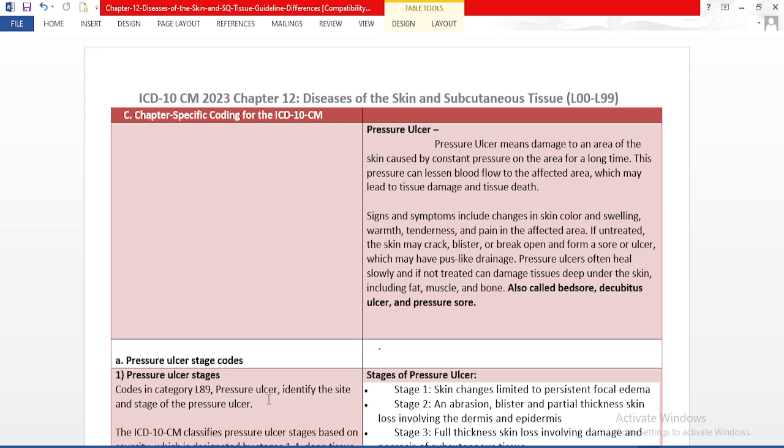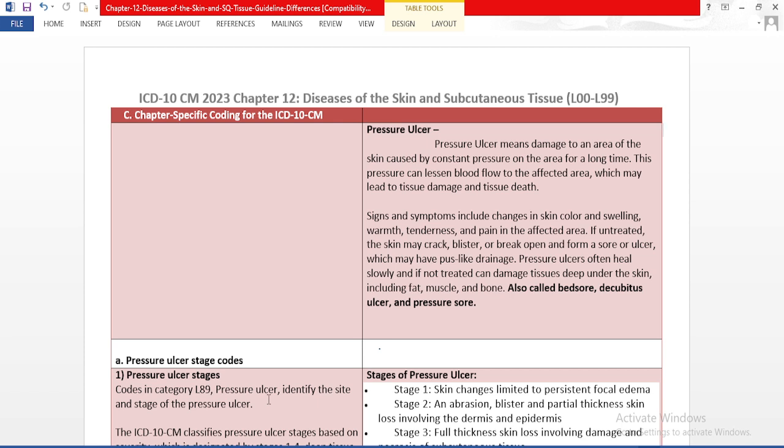Signs and symptoms include changes in skin color and swelling, warmth, tenderness and pain in the affected area. If not treated, the skin may crack, blister or break open and form a sore or ulcer which may have pus-like drainage. Pressure ulcers often heal slowly and if not treated can damage tissues deep under the skin, including fat, muscle and bone.